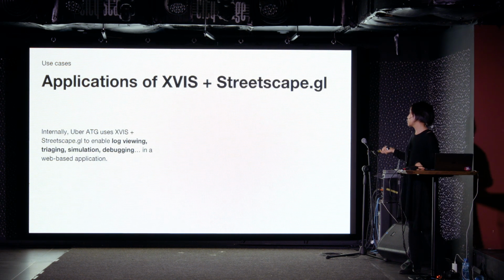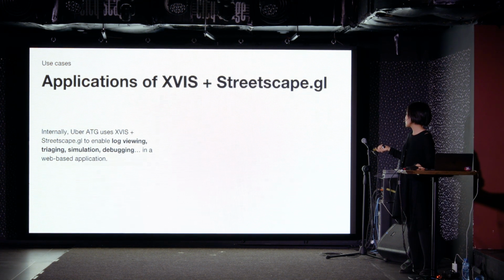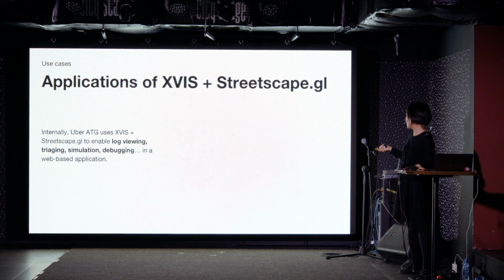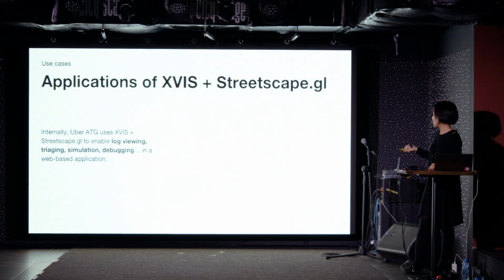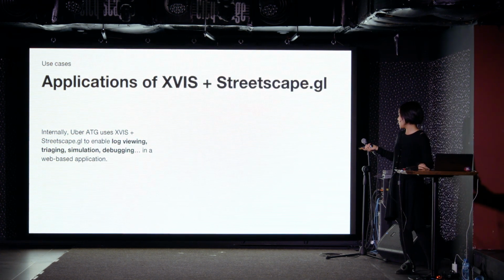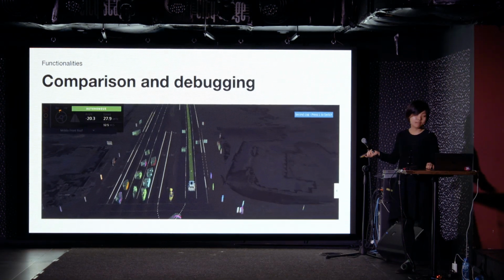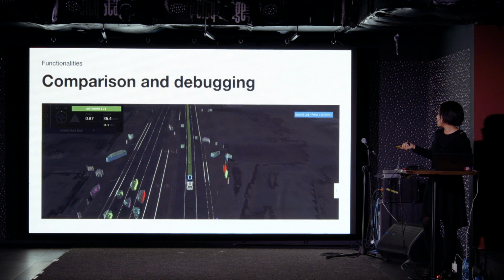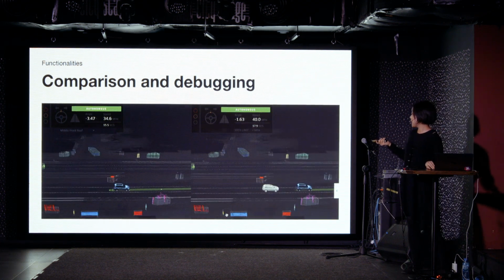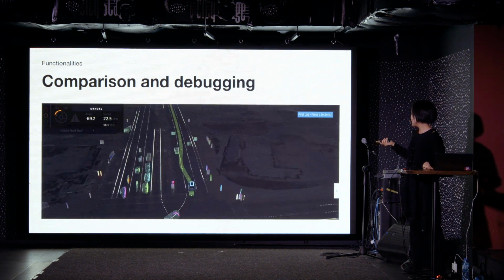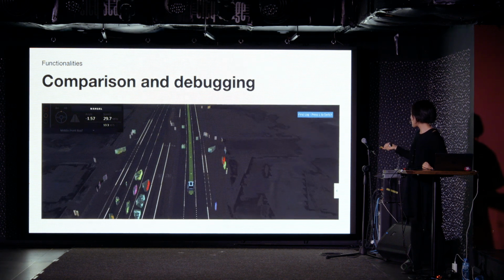So internally, Uber's Advanced Technology Group uses XViz plus Streetscape.gl to enable log viewing, triaging, simulation, and debugging in a web-based application. And the most frequent use case is this comparison and debugging process.